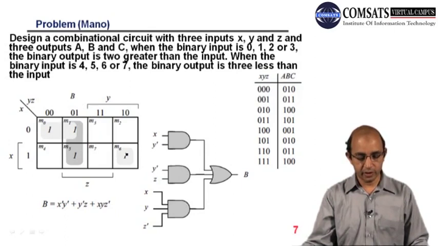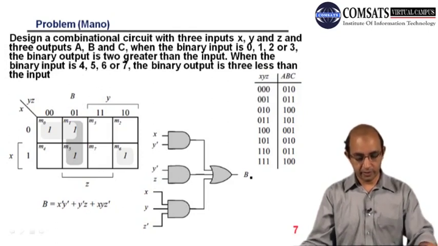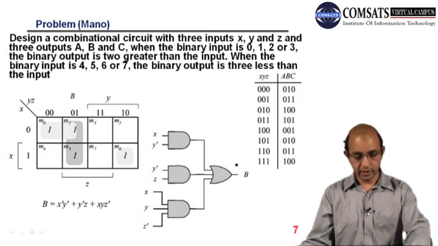So as a result of this single one, we will be having 3 literal terms, and as a result of those pairs, we have 2 literal terms. This is X bar Y bar Z, right? So we will be left with this circuitry regarding B.